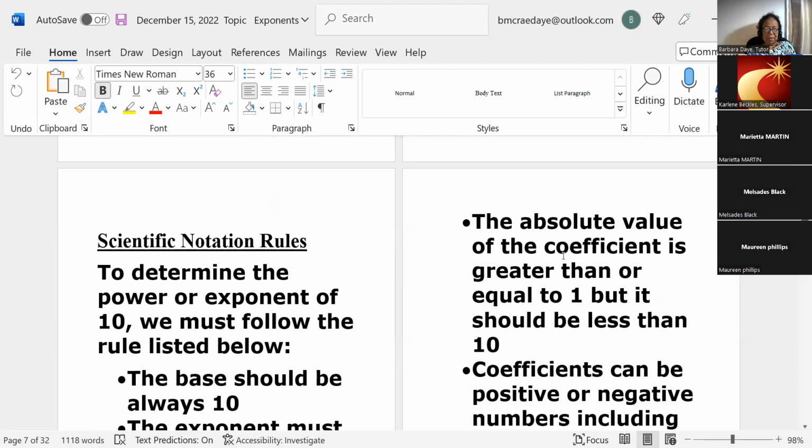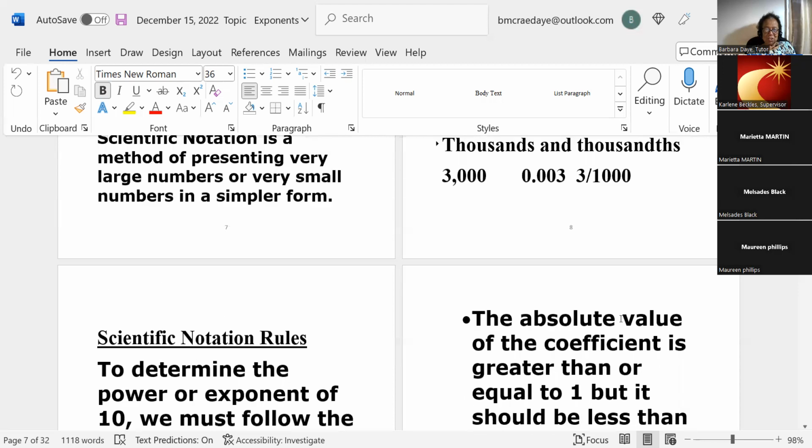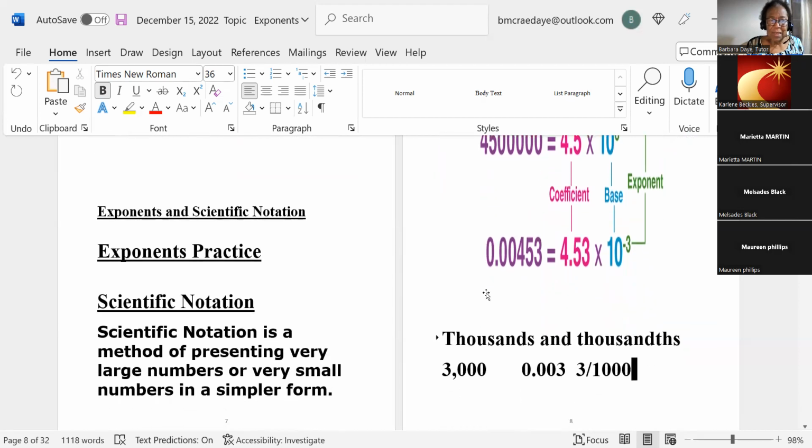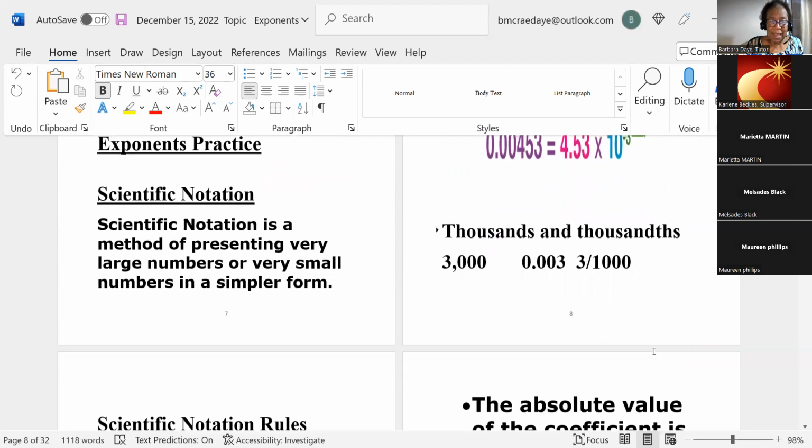The absolute value of the coefficient is greater than or equal to 1, but it should be less than 10. So you won't have 11.4 times something. I mean, you could, but we will not use a number greater than 10. When you shift your decimal point, make sure the number you get is less than 10.